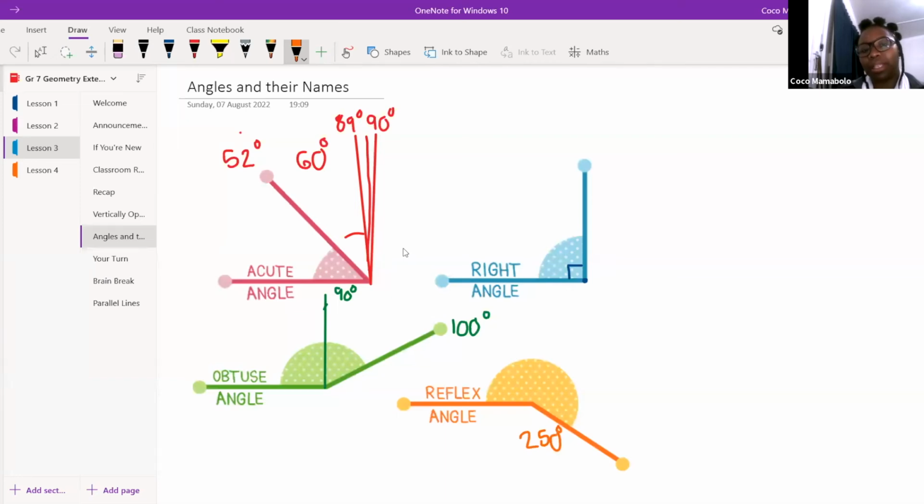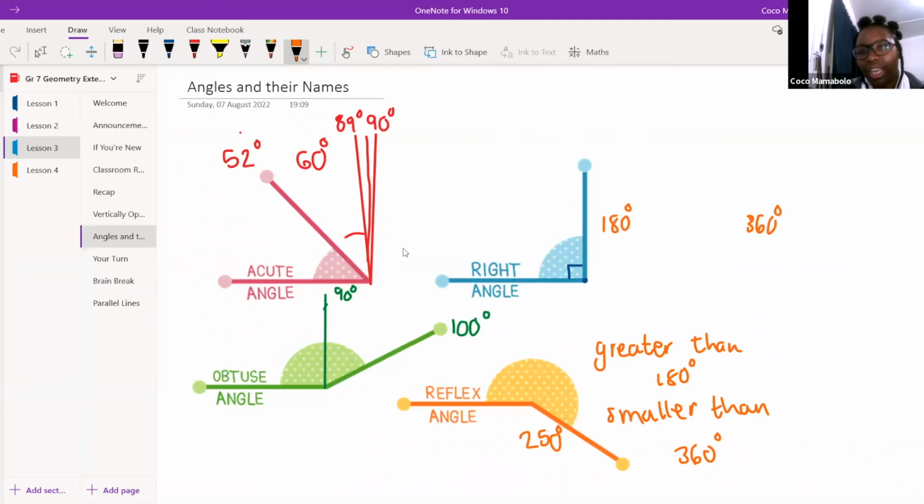Smita says, can someone please say the definition again? It's greater than 180 degrees and smaller than 360 degrees. If I have 180 degrees over here and 360 degrees over here, any number in between counts as a reflex angle.